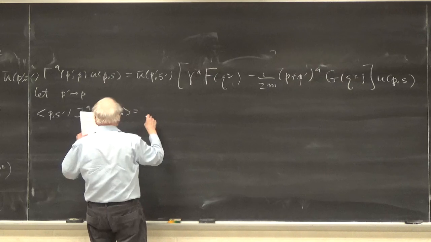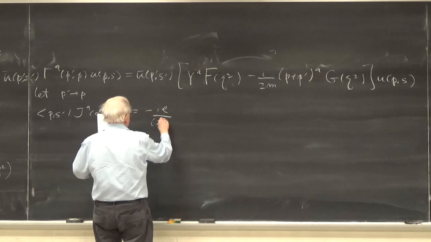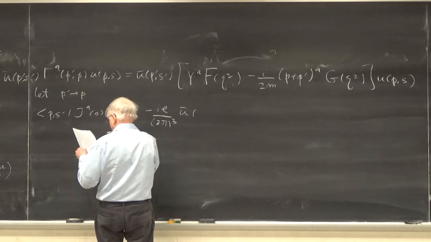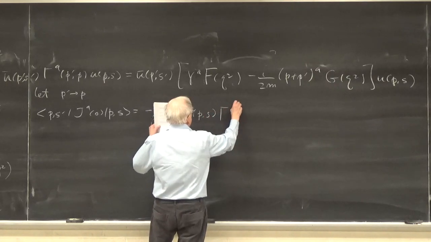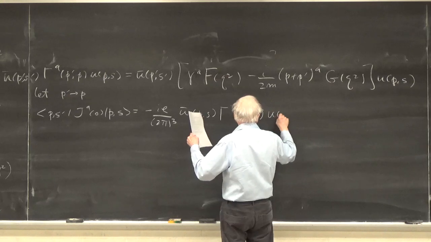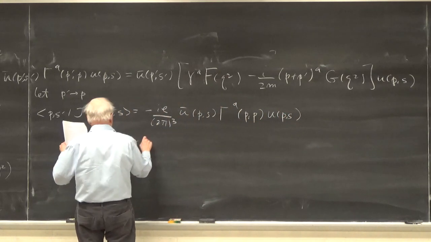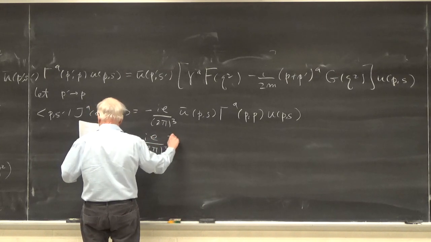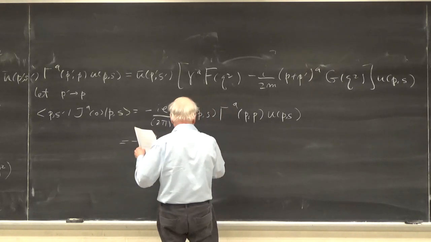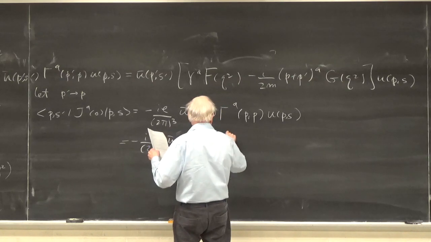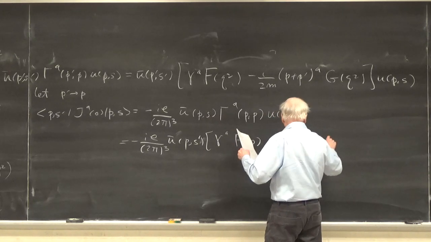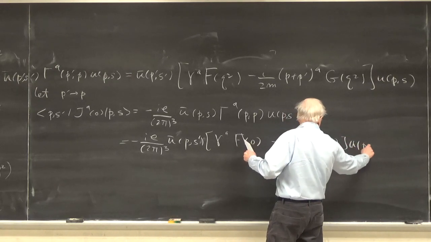This expression here becomes minus ie over (2π)³ ū(p,s) γ_A (p,p) u(p,s), and this becomes minus ie over (2π)³ ū(p,s′) γ_A f(0) minus i over m p_A g(0) u(p,s).